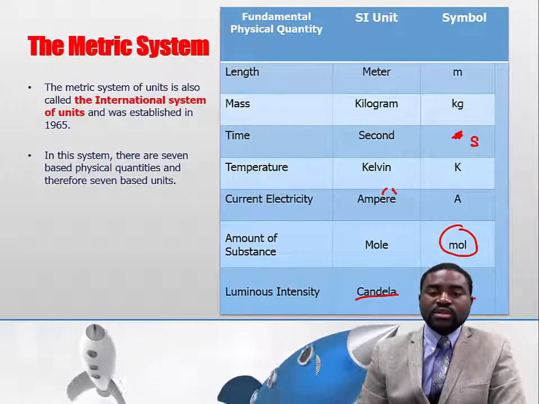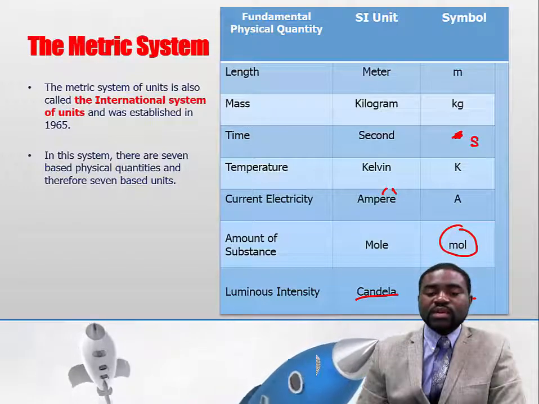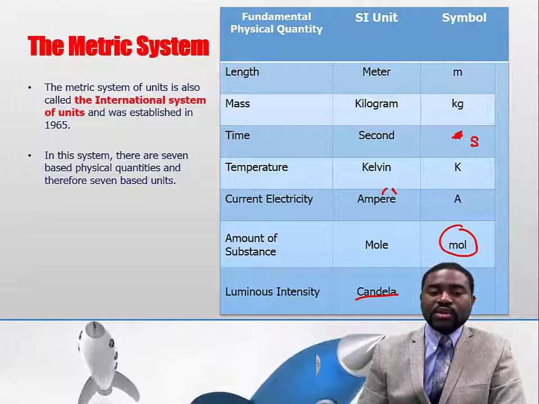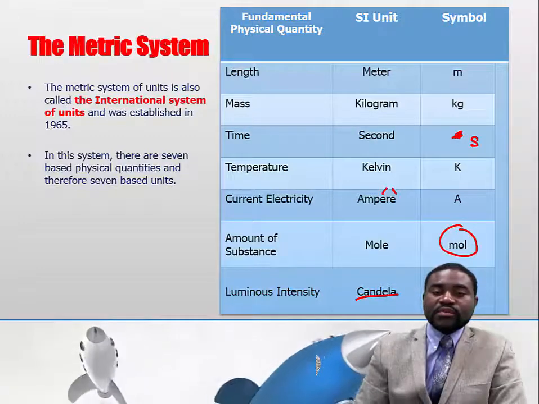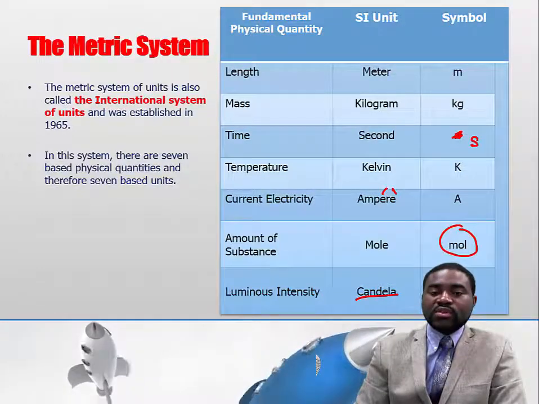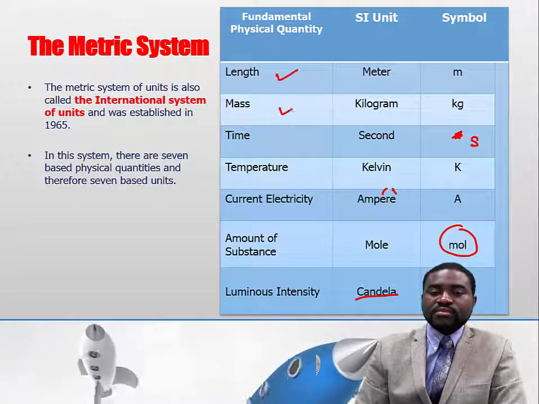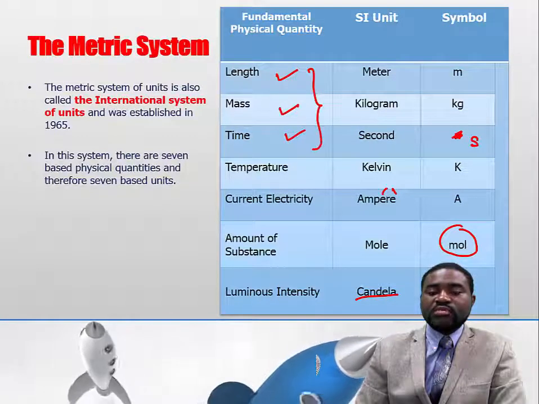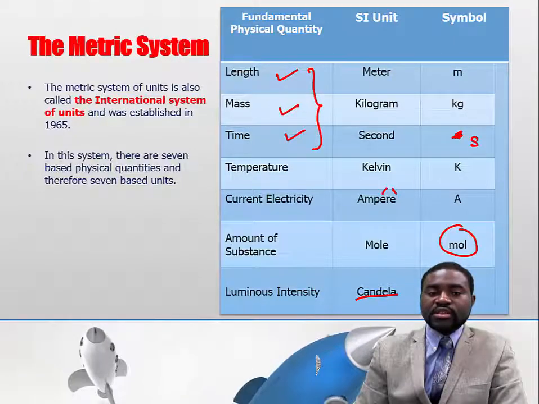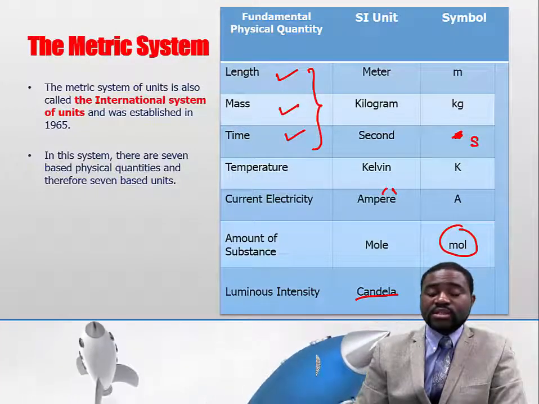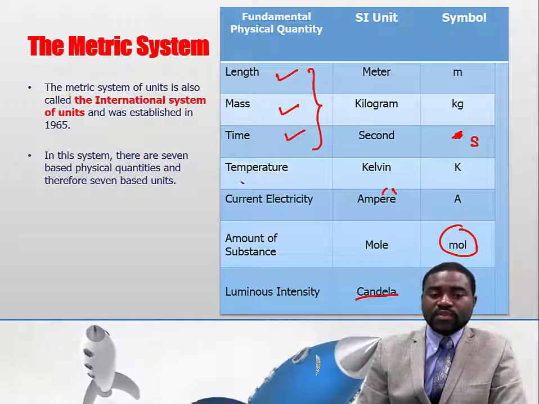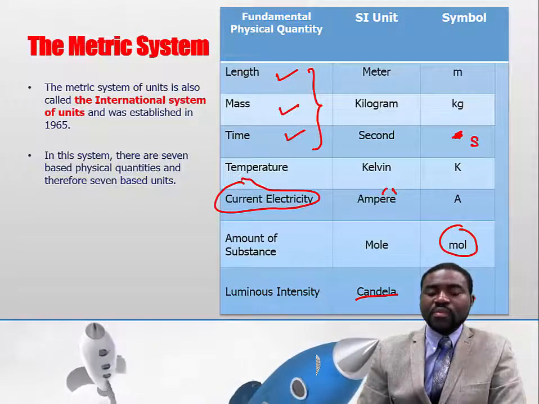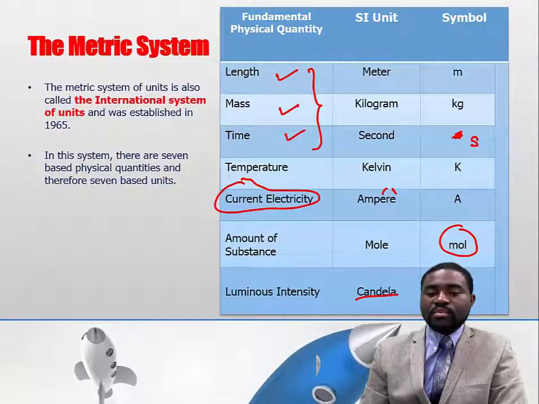It is critical for you to be able to recognize these 7 fundamental quantities. As a matter of fact, mechanics relies on the first 3: length, mass, and time. Everything that you will see in mechanics will be expressed in terms of length, mass, and time. Later on in the semester, we will add electric current, the amperes.